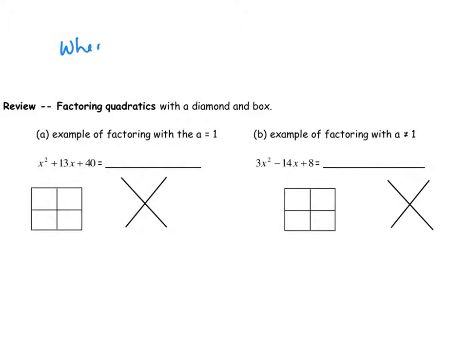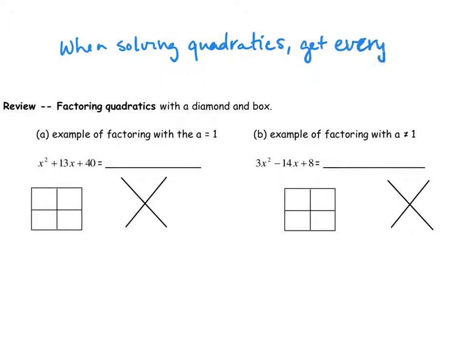When solving quadratics, get everything to one side to equal 0. The reason for that goes back to the fact that when we're solving quadratics, we're most often finding our x-intercepts, and so y equals 0 at those x-intercepts.